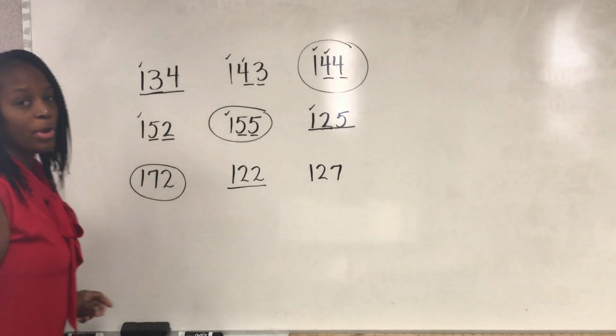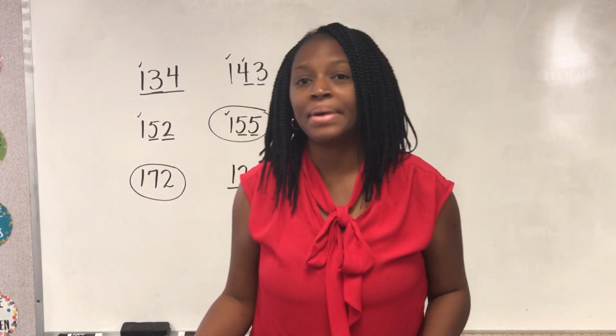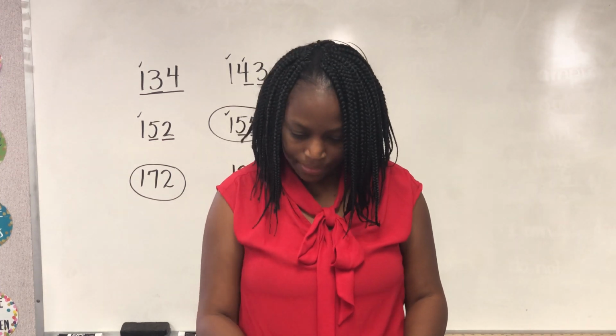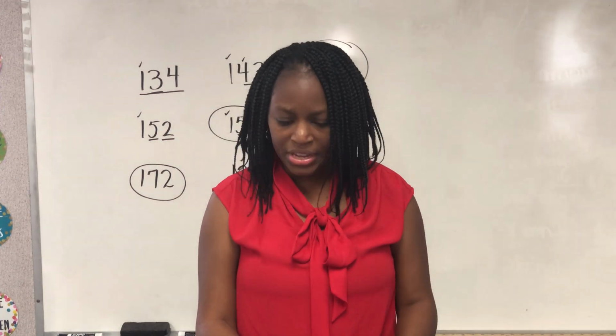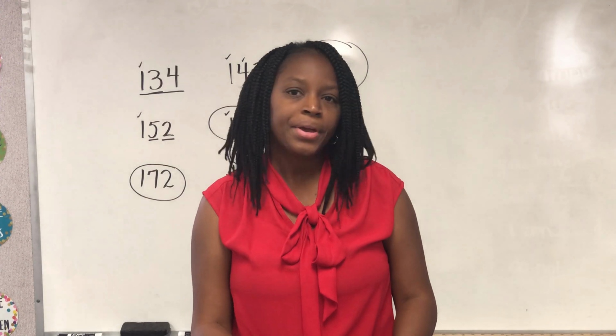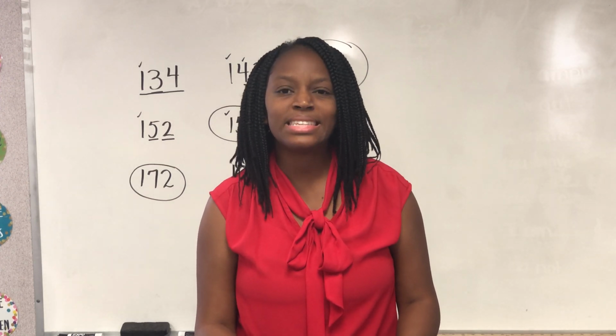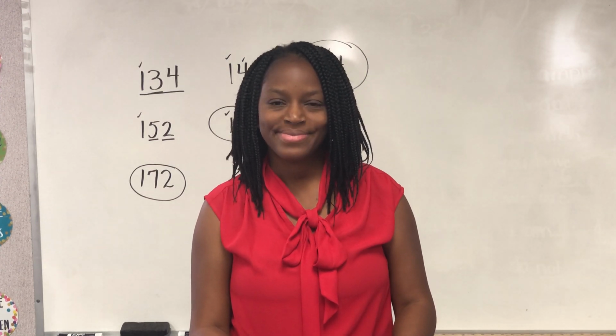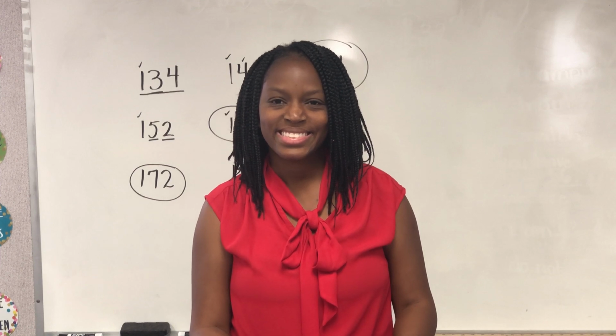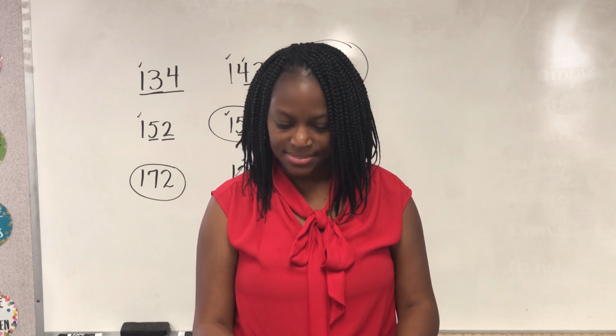All right, boys and girls, we're going to review some money. Listen carefully. If I have 3 dimes, 1 nickel, and 5 pennies, how many cents do I have? 40 cents.